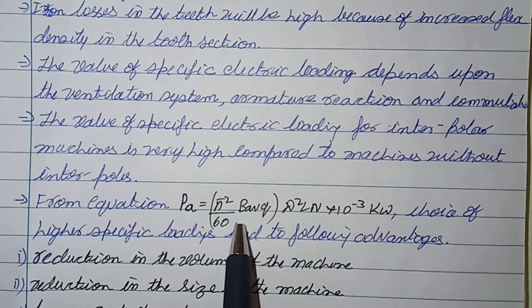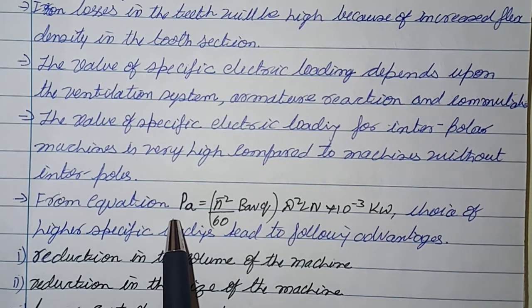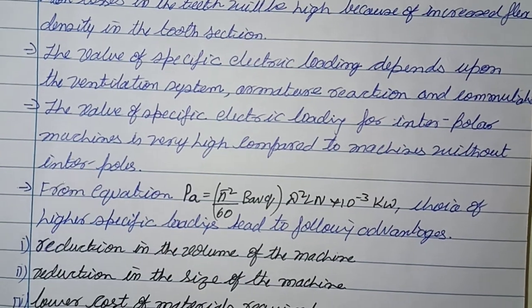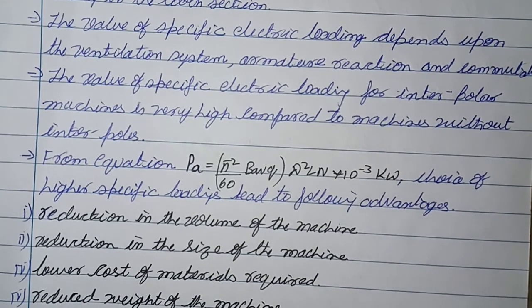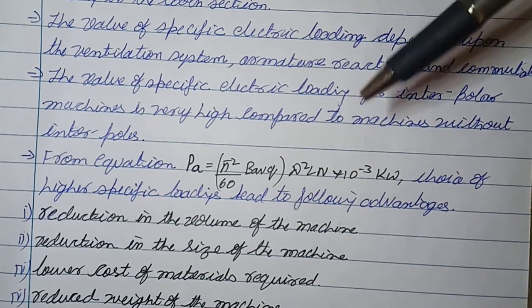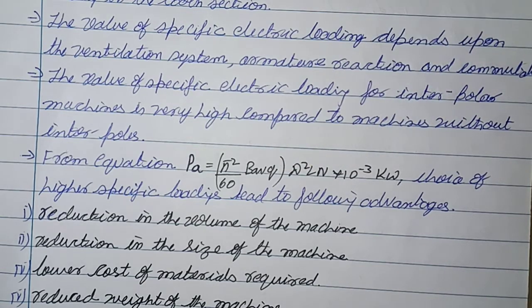If this is high, then this will be high. That is the advantage that we have. So that is the choice of higher specific loadings, a higher value of BAV and a higher value of Q.